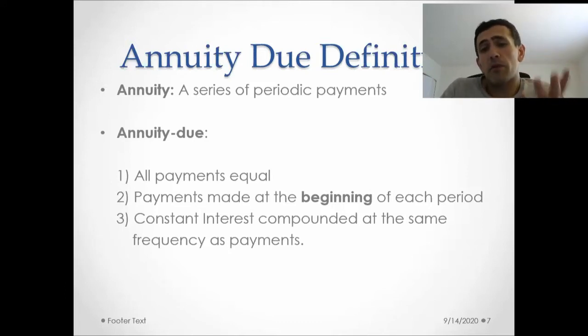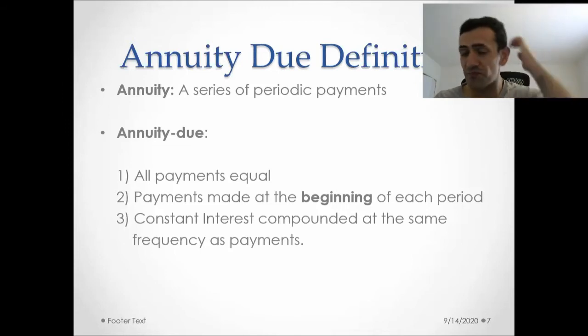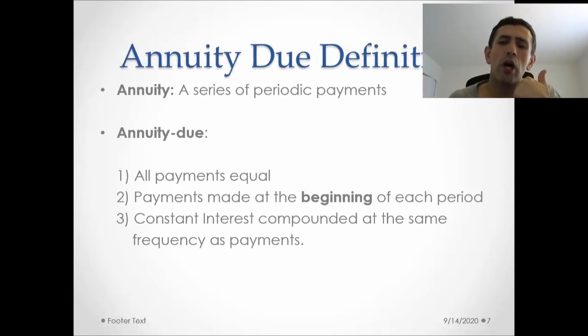Your landlord's going to be pretty upset if you make payments at the end of each period. So in this example, where would compound interest come into play? Well, just imagine if you make payments to your landlord, and your landlord then, immediately after payment is made, deposits this amount in a bank account.